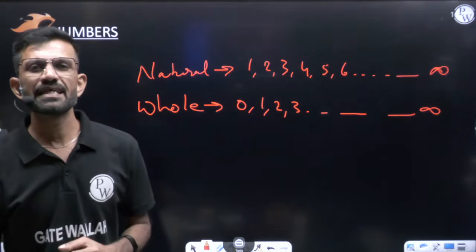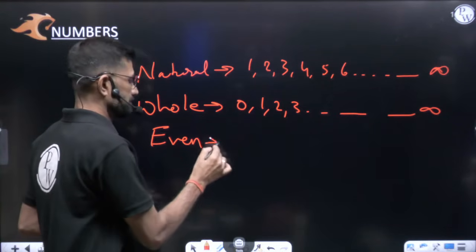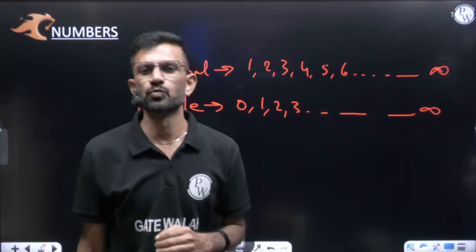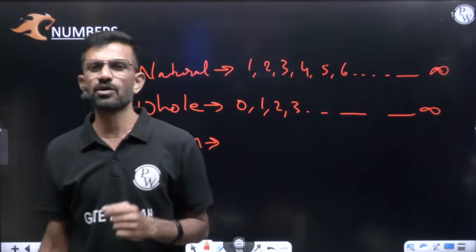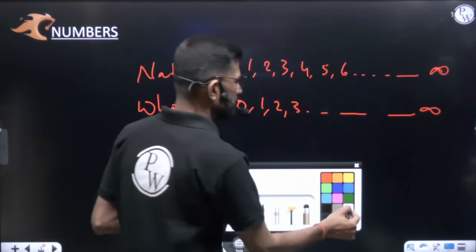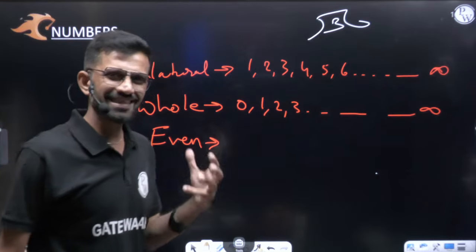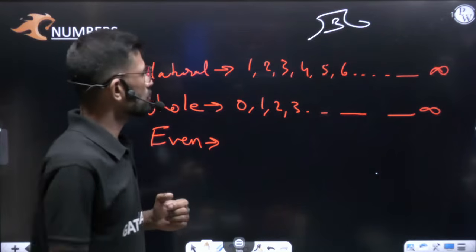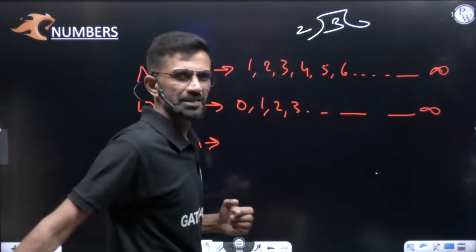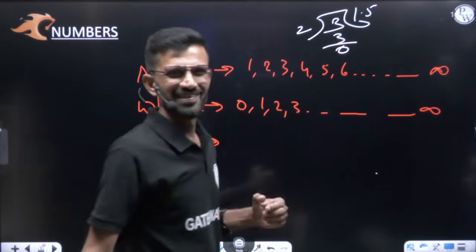Next comes even number. What is an even number? Any number which when divided by 2 leaves the remainder 0 is an even number. So can I say 3 is an even number? So 3 you divide by 2. Now you will say, sir, 3 by 2 is 1.5, so we got remainder 0, so it is an even number.